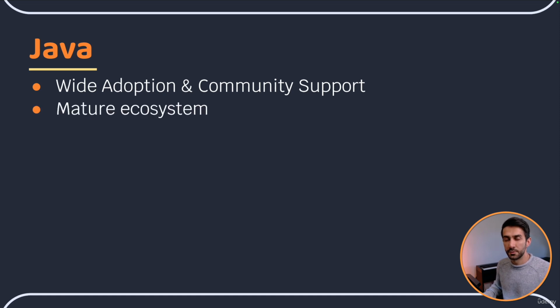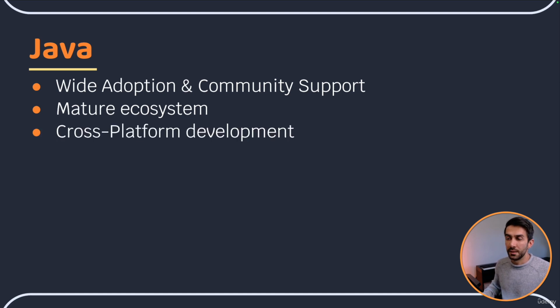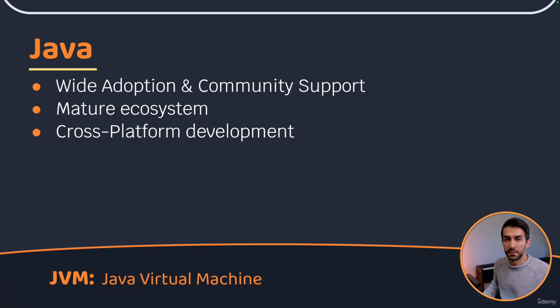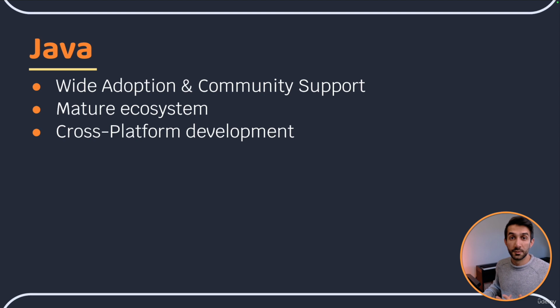It's a very mature language, because of how many bugs have been reported and how much it has been improved so far. And it's cross-platform. Basically, wherever there is a JVM, Java apps can run on it. That means backend, desktop apps and Android apps, of course.